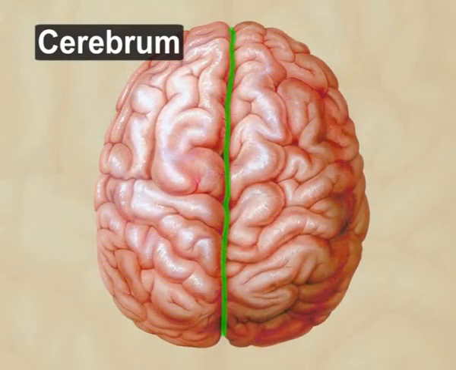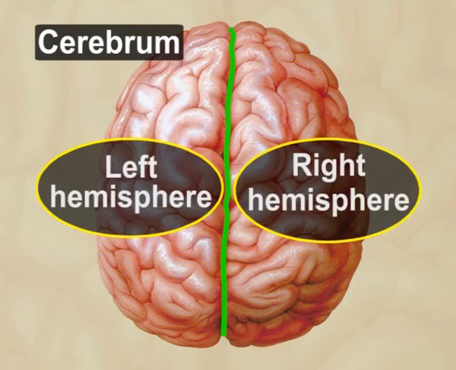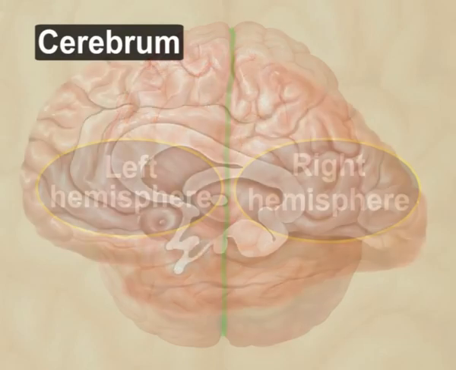A deep furrow divides the cerebrum into two halves, that is, the left hemisphere and right hemisphere. The two hemispheres look mostly symmetrical, yet it has been proved that each side functions slightly differently from the other.